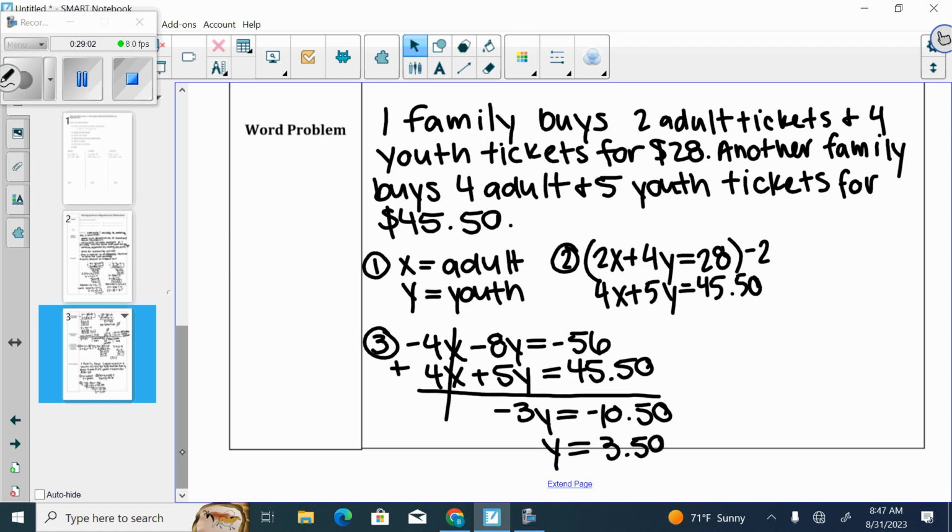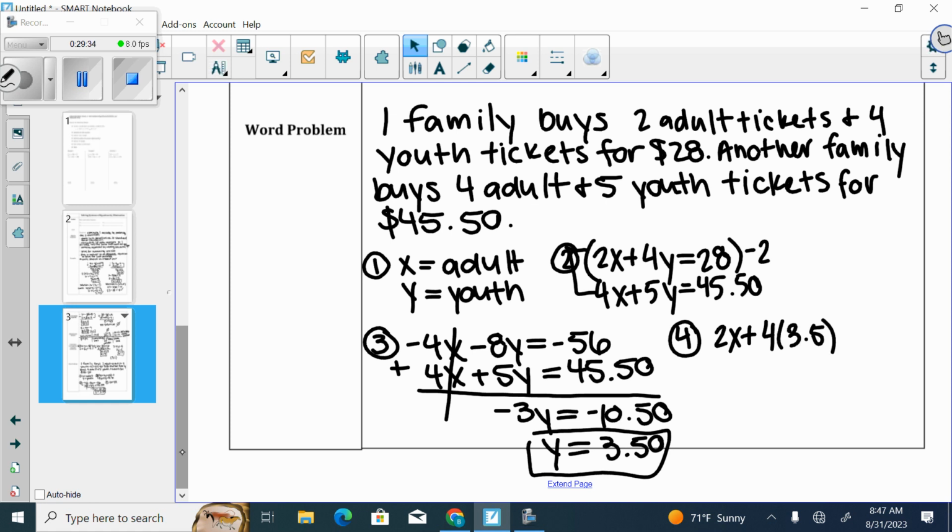Okay, and then if I want to find the value for x, I would just take this and substitute it back into one of these originals, right? You guys want to use that first one or second? Up here. The first one with the 2x, is that what you said? Yeah. Okay. All right, so we would have 2x plus 4 times y, which we now know to be 3.5.